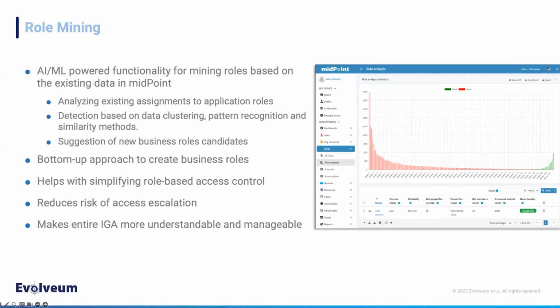Once the business roles are found, properly rationalized, and applied, the organization gains a more organized business role-based model. At the end, the overall risk of access escalation is reduced, thus the security is improved. Moreover, the entire IGA is more understandable and manageable.